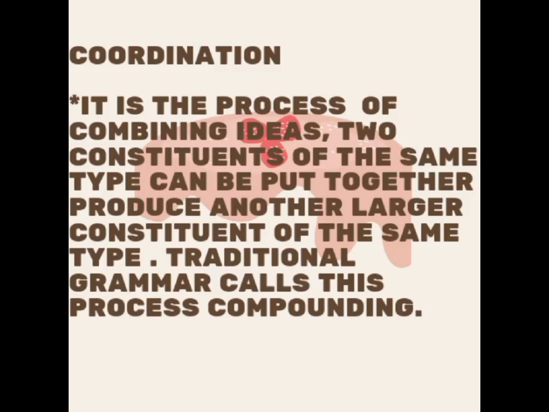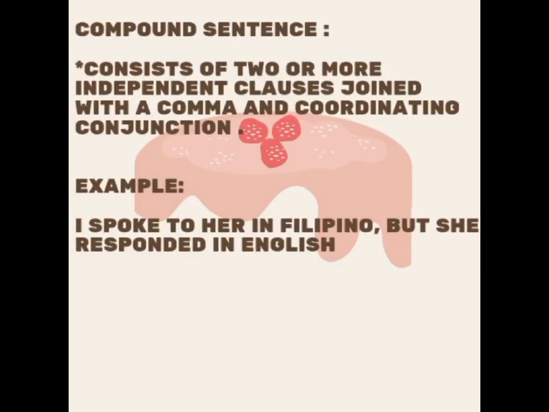The first is the compound sentence. A compound sentence is made up of two independent clauses. Independent clauses can stand by themselves, with a subject and predicate. They are joined by a coordinating conjunction. The coordinating conjunctions include FANBOYS.